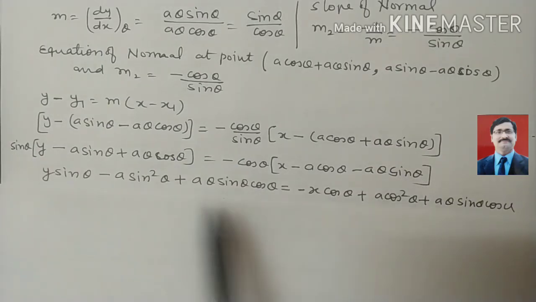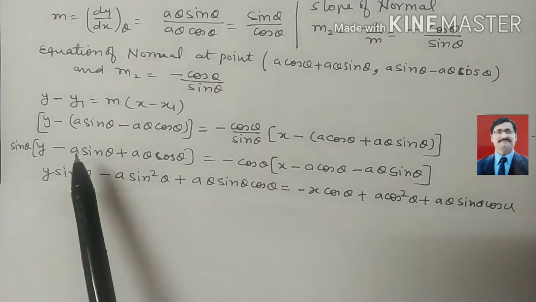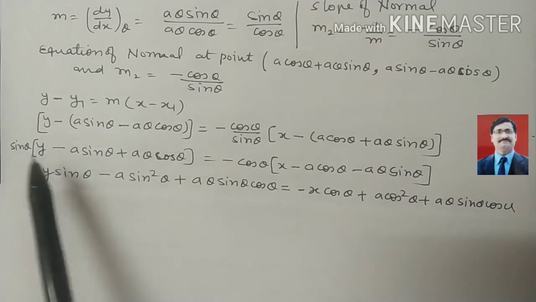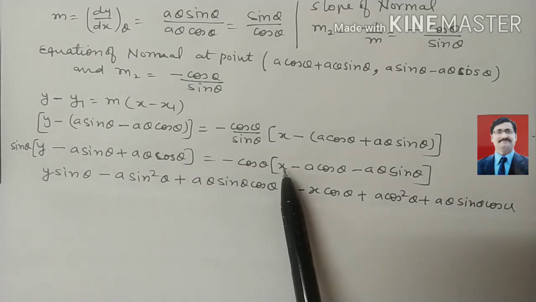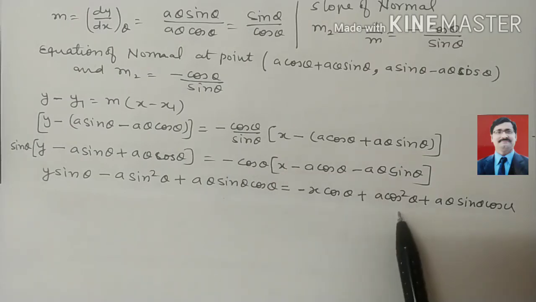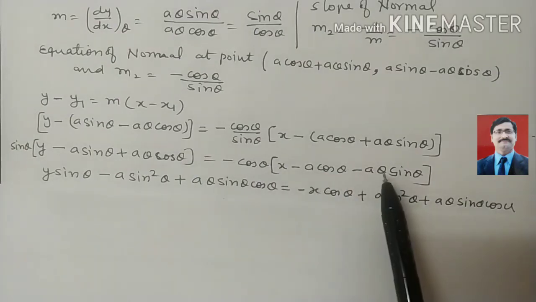Now we multiply. We get y sin theta minus a sin square theta plus a theta sin theta cos theta equal to minus x cos theta plus a cos square theta plus a theta sin theta cos theta.